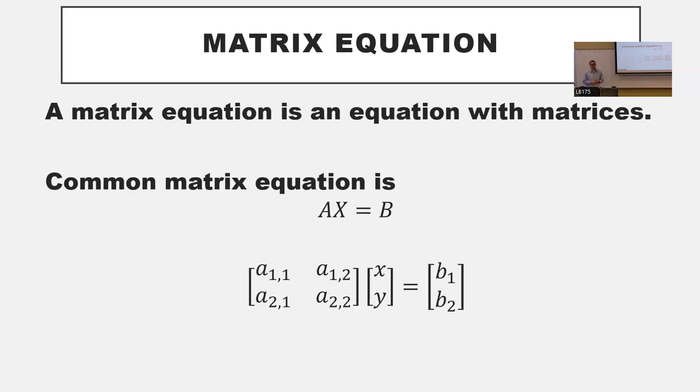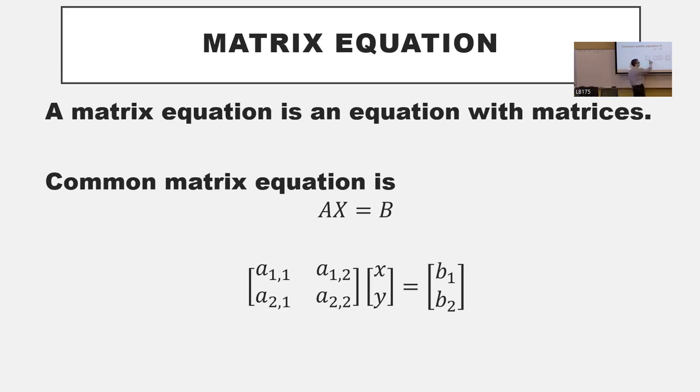But you can also use matrix inverses to solve systems of linear equations. A system of linear equations can be written as a matrix equation, where we have a matrix A, which is our coefficient matrix, times a matrix X, which is our variable matrix, equals a matrix B, which is a constant matrix. And if you multiply this out, this means A11 times X plus A12 times Y is equal to B1.